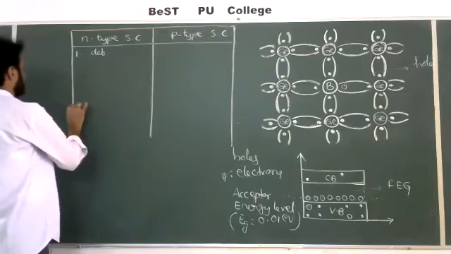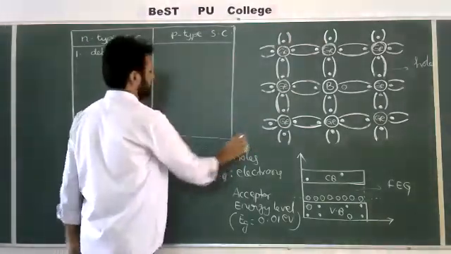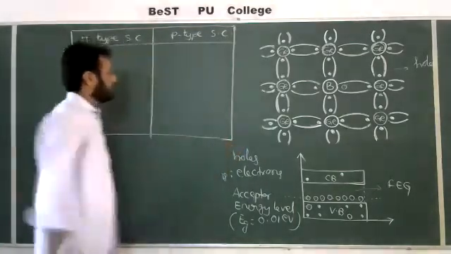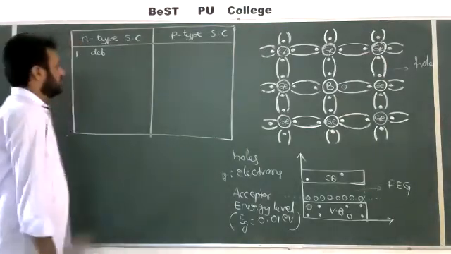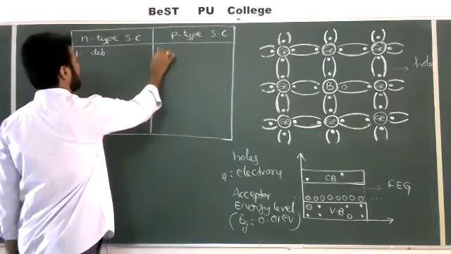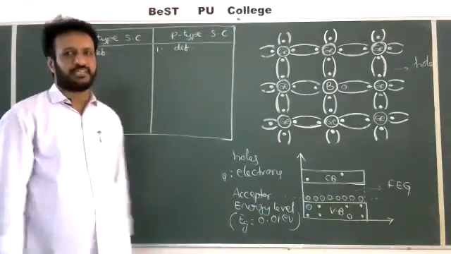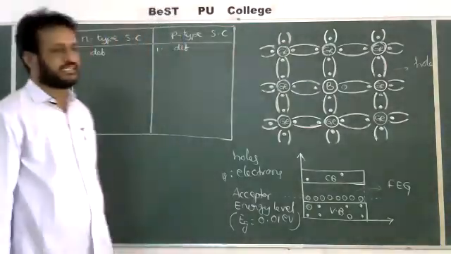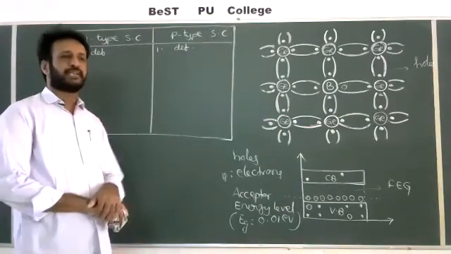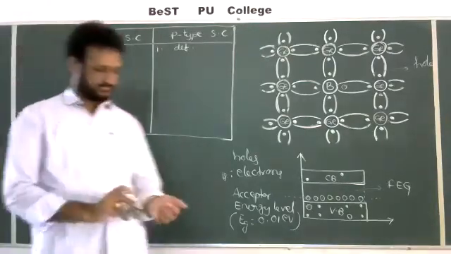It is obtained by doping a pure semiconductor with pentavalent impurities. On the right side, write the same definition statement with a small change: in place of pentavalent, write trivalent. Only one word changes.